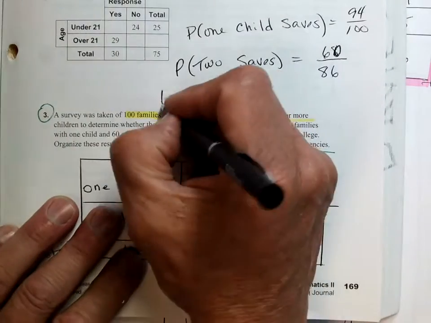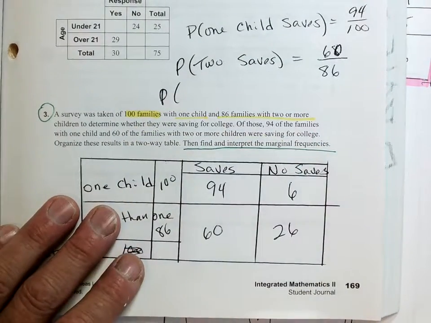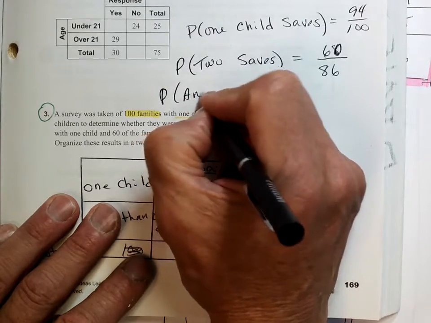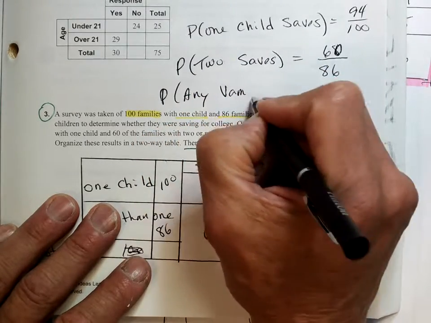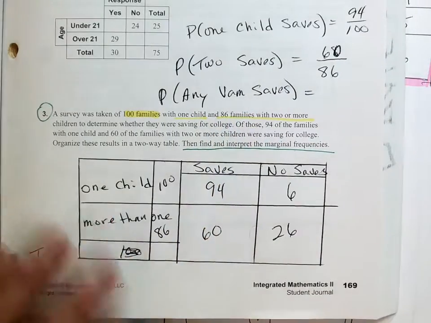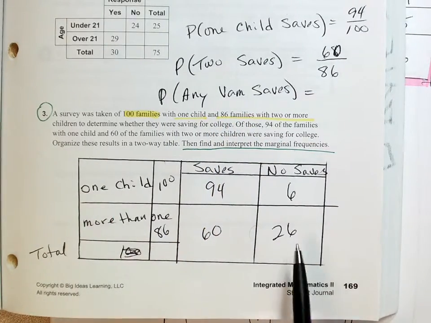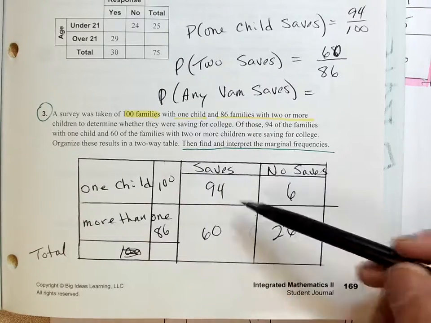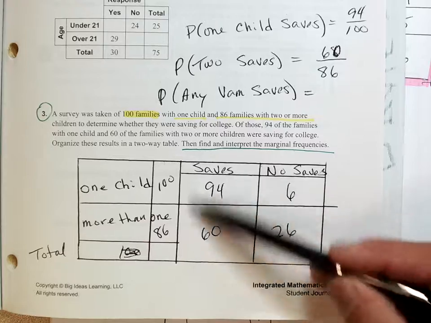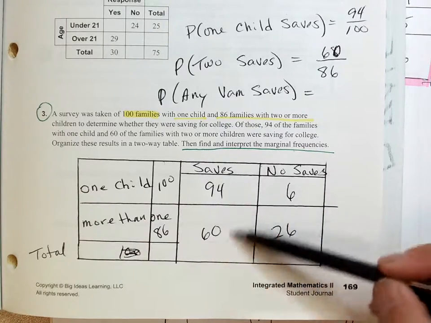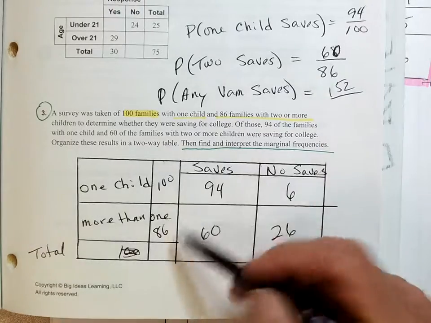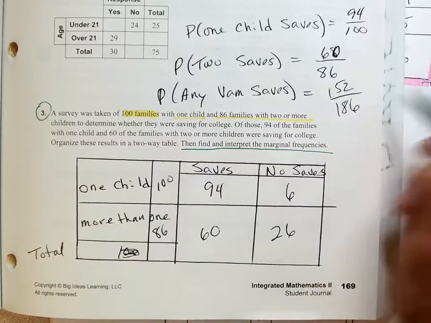What's the probability that any family saves? 154 out of 186. Okay, so we're going to have 154. See the 154? These are all the families that save. That's 82.7 over 186. See how that works?